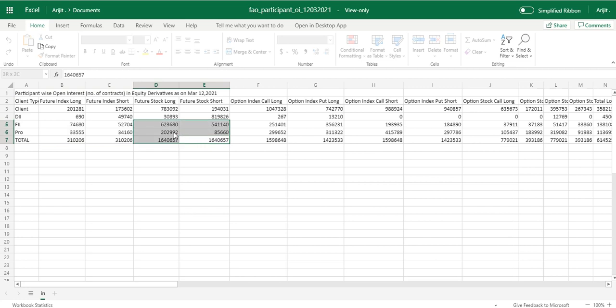Now this segment gives me stocks data. Index, as I said, refers to futures or tradable indexes, Nifty, Bank Nifty, all these things. Stock refers to all FNO segment stocks that are part of FNO.